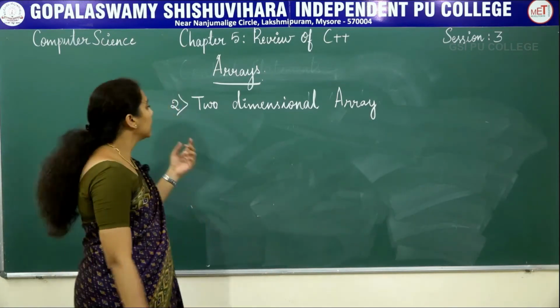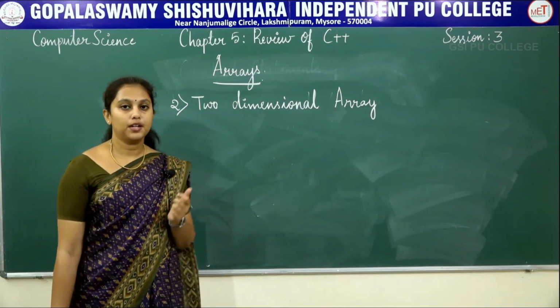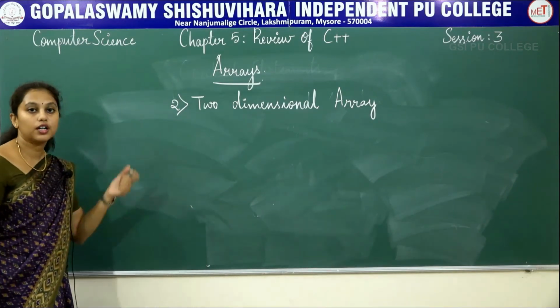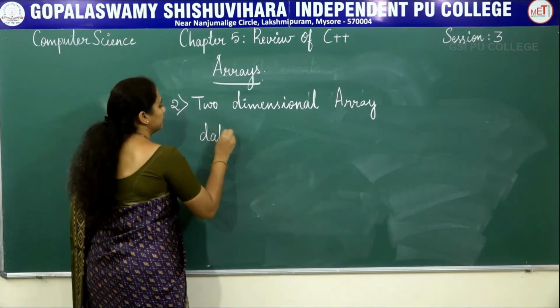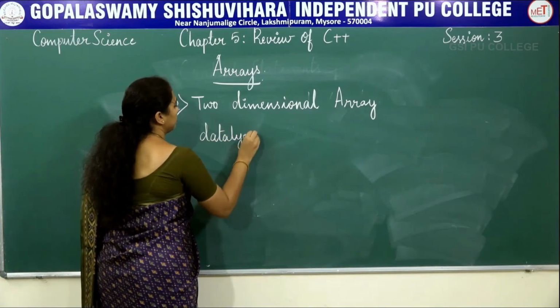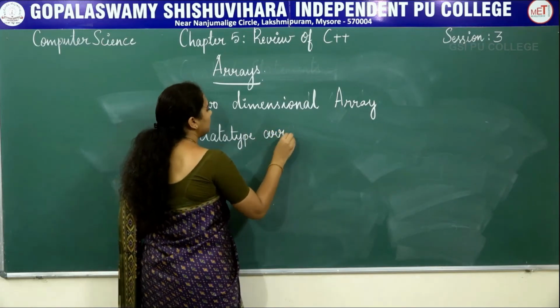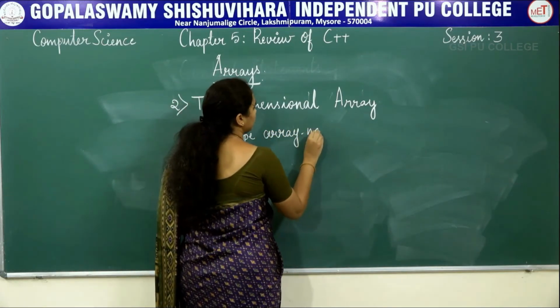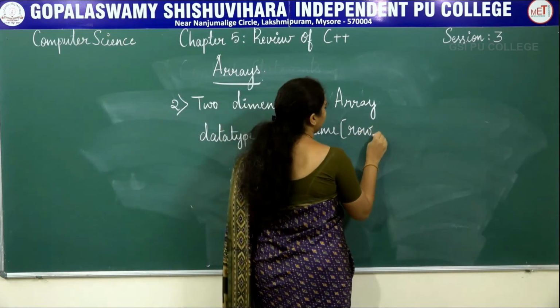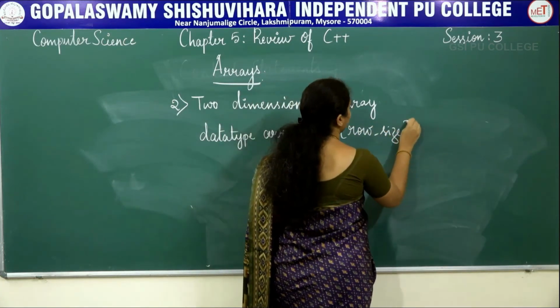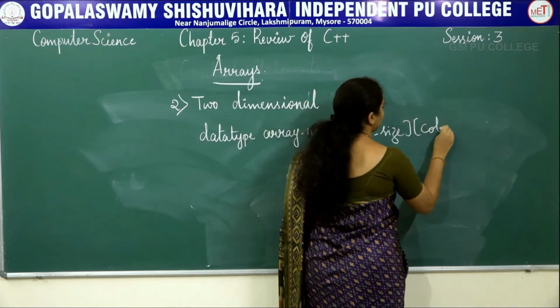The declaration syntax is data type, array name, row size, column size.